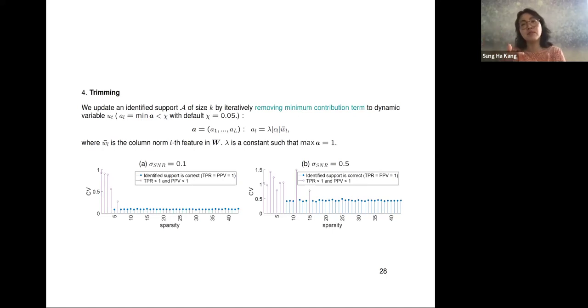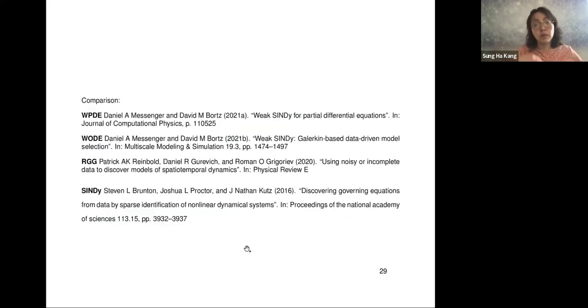If this is less than 5%, 0.05, then we remove it. Then it quickly converges. So even if the sparsity is allowed to find 40, they will actually stop adding at some point. Because it's a least square fit, trimming is very efficient on that.